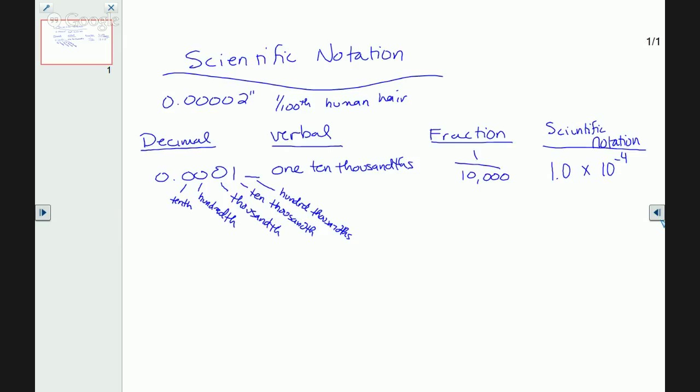So, what have I done here? Yeah, I moved the decimal 4 places, right? So this needs to be a single digit. Okay. And this means I moved the decimal 4 right.